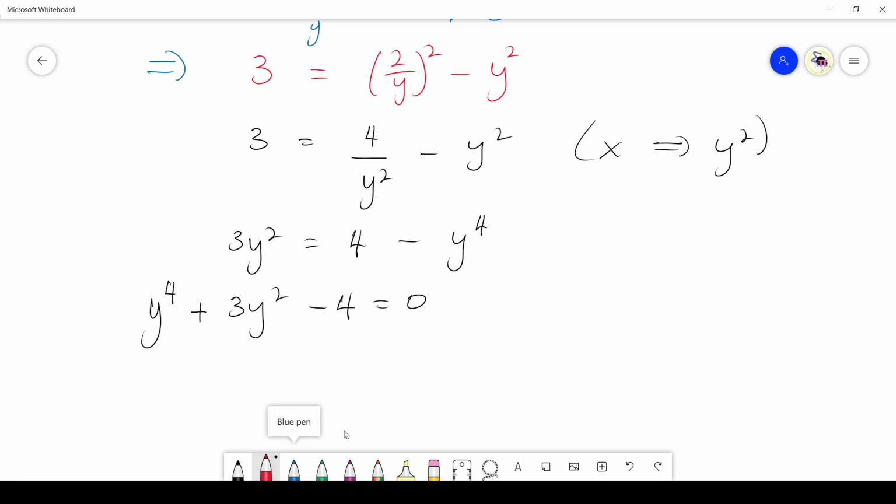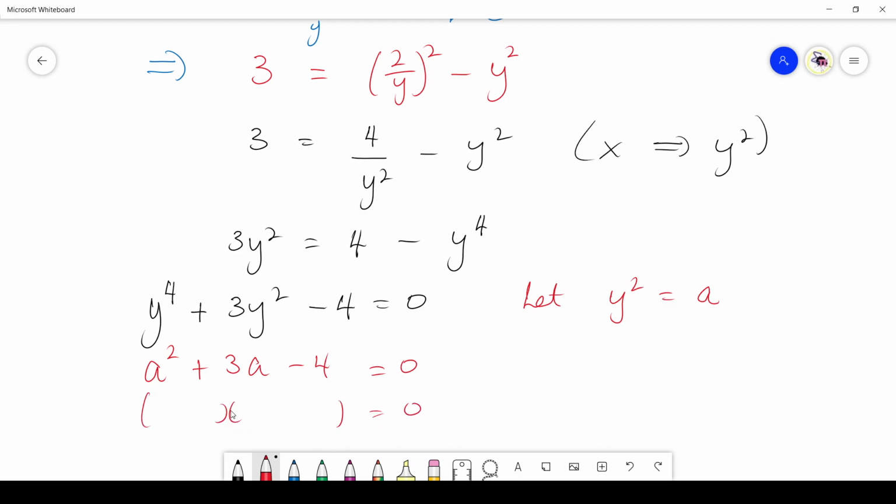So we're going to have to use a bit of a substitution to turn this into a quadratic. So we're going to let y squared be equal to x. No, let's not use x because we already have x in the question. Let's let it be equal to a. So if y squared is equal to a, then y to the power of 4 will be equal to a squared, plus 3y squared is a, minus 4. And this is highly solvable.